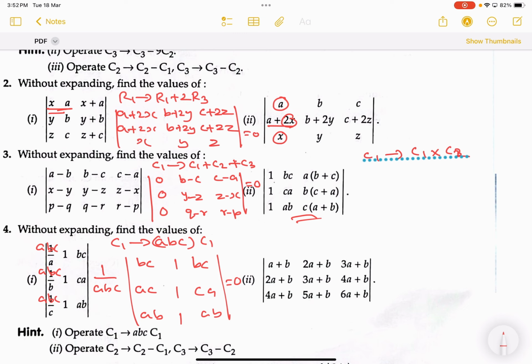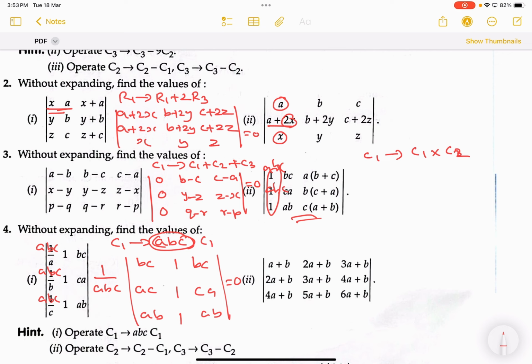Here it is multiplying by ABC, some scalar value that I am taking outside. Understood? Some scalar value I am multiplying, that commonly, that value I have taken out. But you are going to multiply the entire row with that, right? Everywhere I did ABC, that means ABC you can take out.